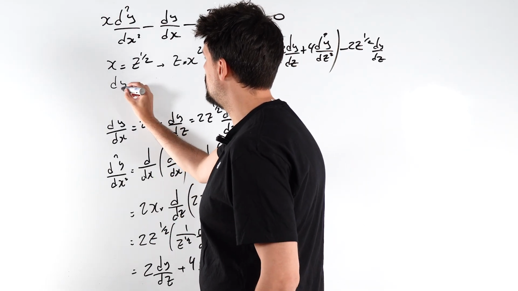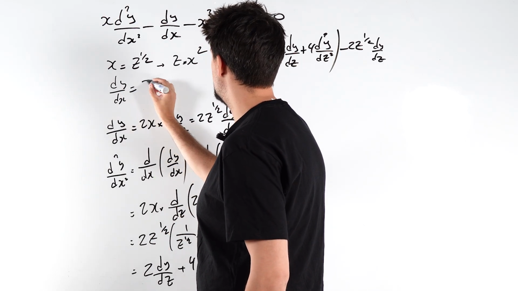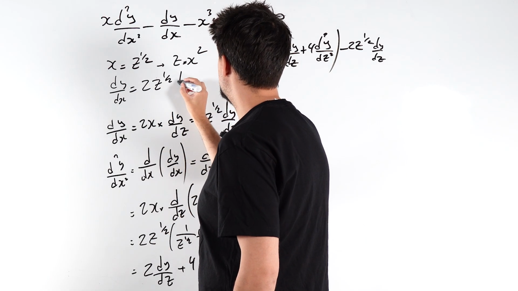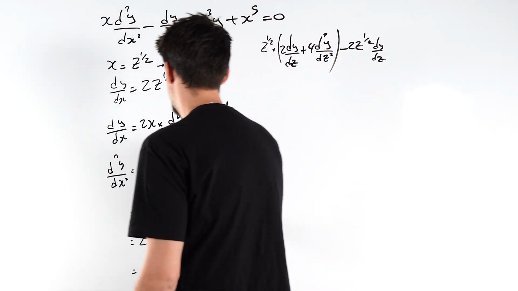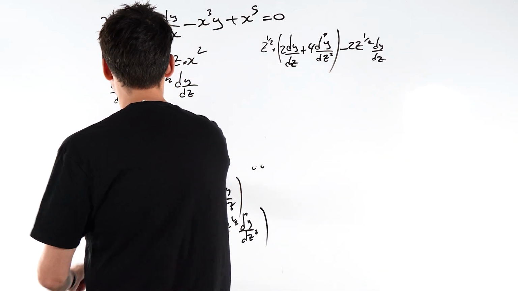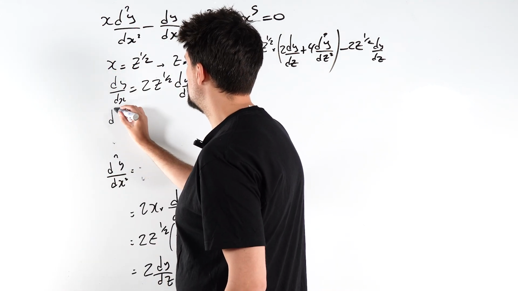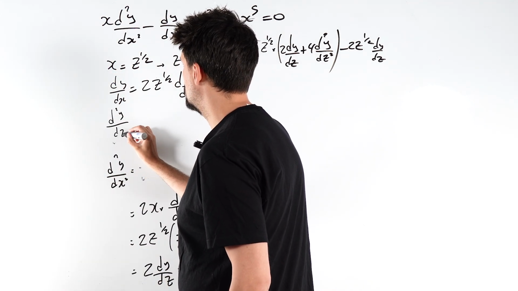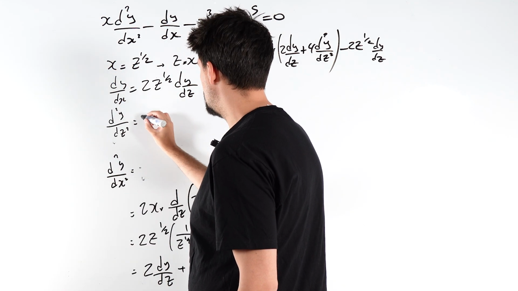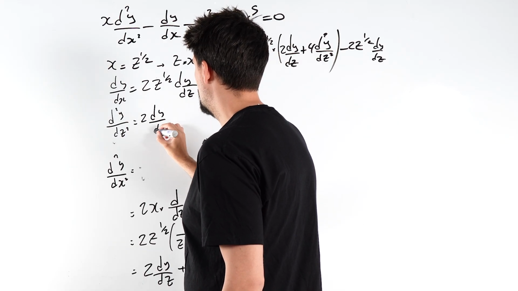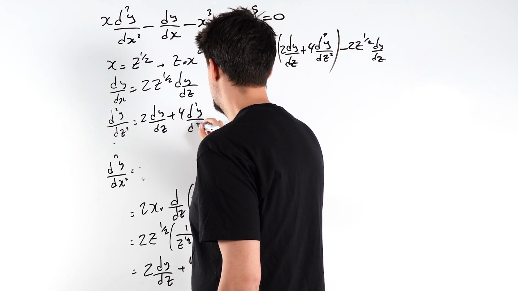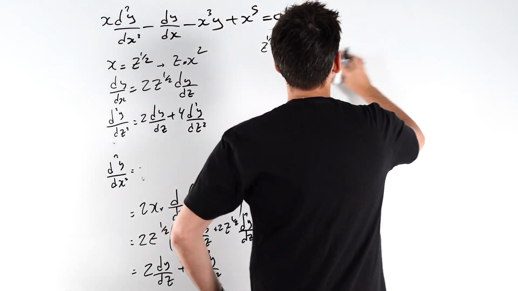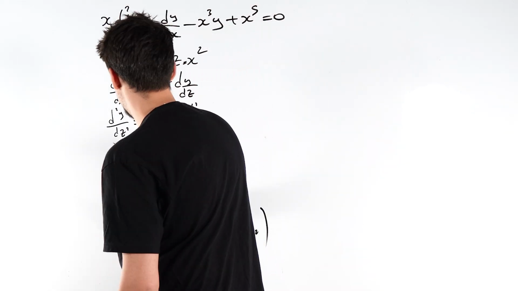We've established that dy/dx is 2z to the half dy/dz, and we've also established that d2y/dx squared was 2 dy/dz plus 4z d2y/dz squared. Right. Less cramped, more space.